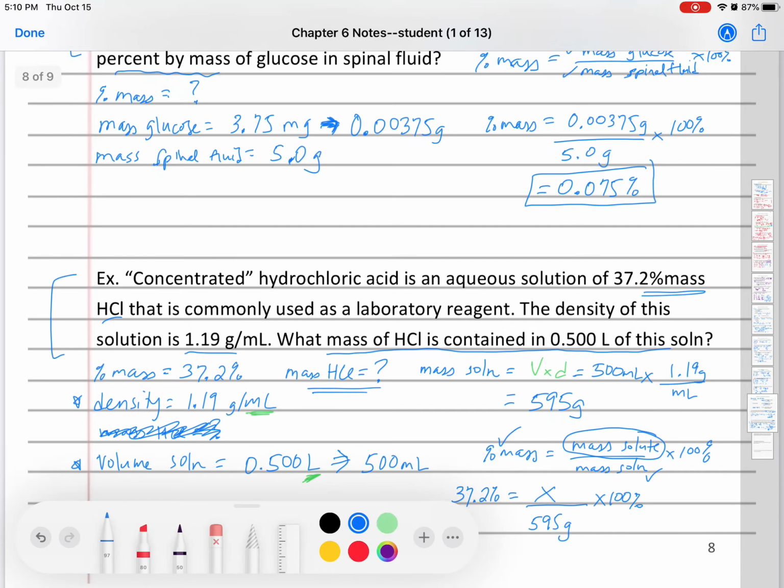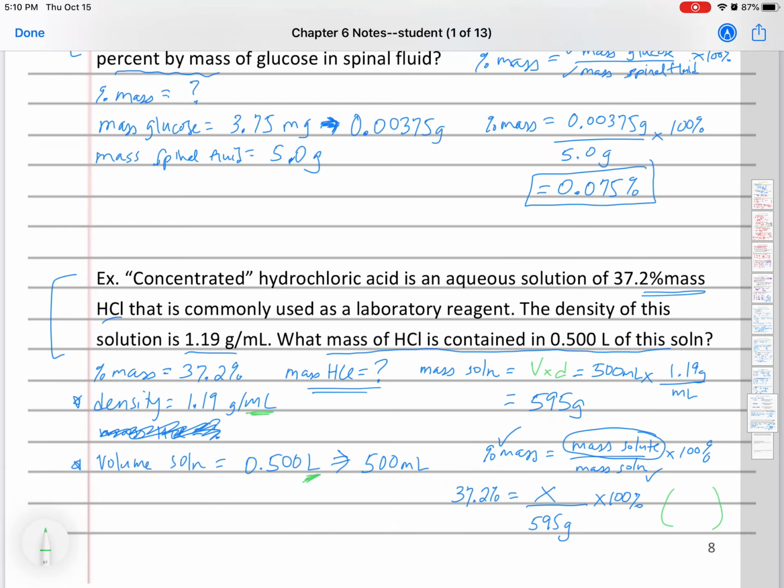And now I can solve for X. I'm going to multiply both sides of the equation by 595 grams over 100%. I multiply both sides of the equation by the same thing. I cancel out everything on this side of the equation, so I have X by itself. My percents cancel out, and the units of X are going to be grams.